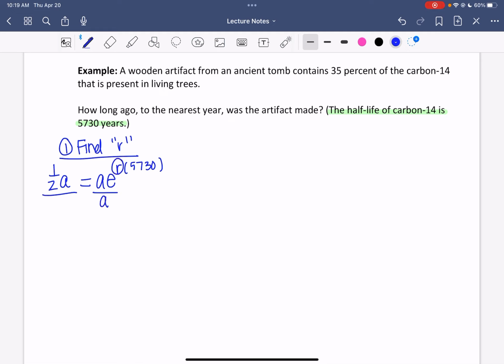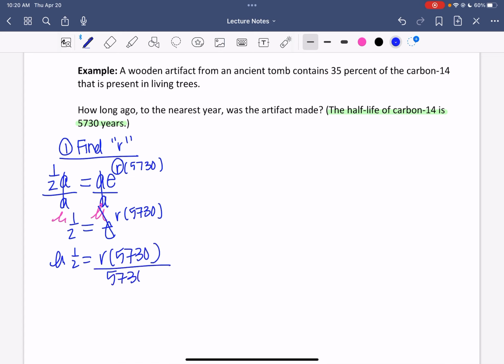So when I divide both sides by a, that a cancels. I'm left with 1/2 equal to e to the r times 5,730. I'm going to ln both sides. And that gives me ln of 1/2 equal to r times 5,730, and divide.